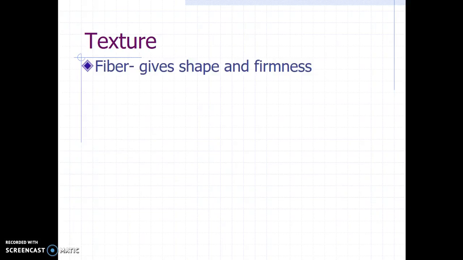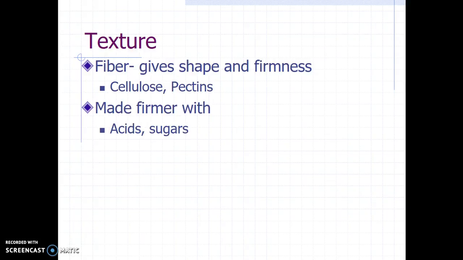So the texture of the vegetable, when we're talking about how it's cooked: remember, fiber is one of those things in plants and vegetables that is a component of food and helps to give it its shape and its firmness, all right? Texture can be changed through cooking. The fiber that you're going to find in vegetables is going to be either cellulose or pectins, or a combination of the two.